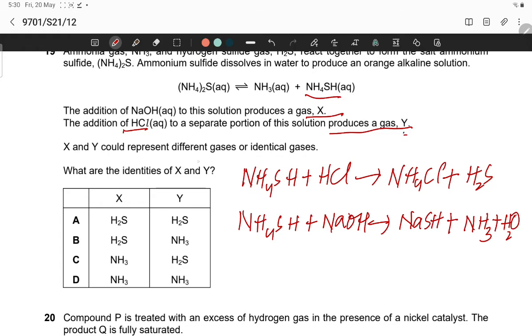So X and Y could represent different gases or identical gases. What are the identities of X and Y? Ammonia is gas X, and H2S is gas Y. So of these two options we can see ammonia and H2S. Yes, this C option is correct.